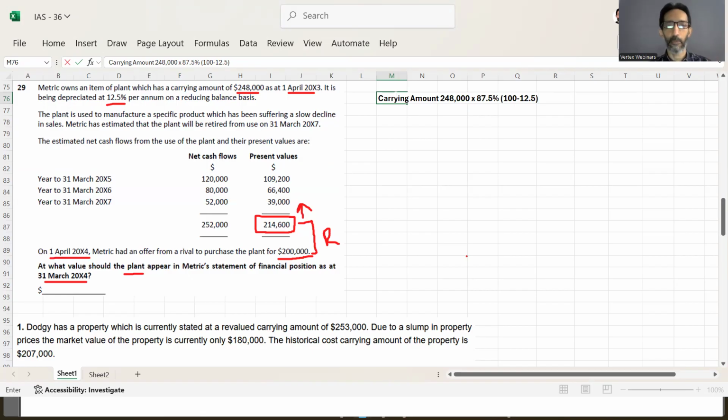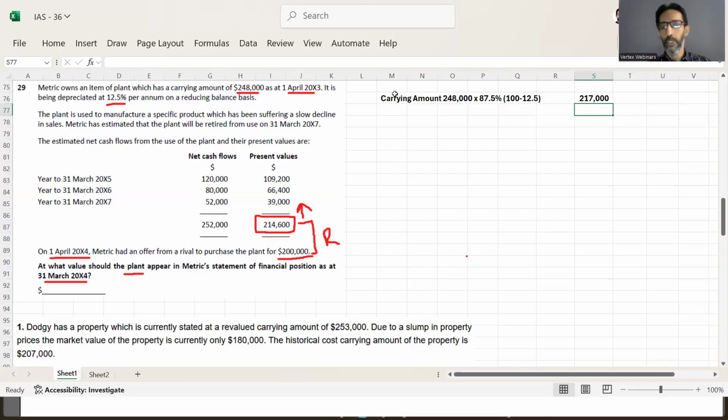So 248,000 times 87.5% is 217,000. This is not a complicated thing that I've done. I've just done a shortcut here: if the depreciation is 12.5%, then clearly what is left after depreciation is 87.5%. So the carrying amount is 217,000.